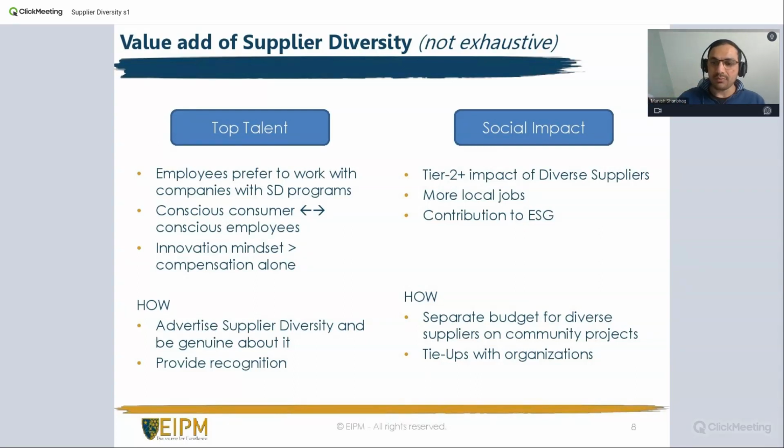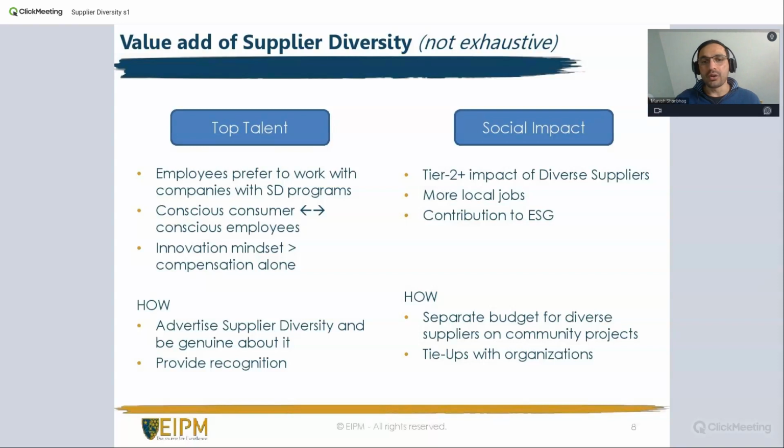You have these diverse suppliers, and those diverse suppliers are then largely going to include similar types of suppliers within their supply chain. So you have not only a tier one impact, but a tier two impact. It's not only a direct impact that you'll have, you're going to grow that multifold, and hence the social impact increases drastically.